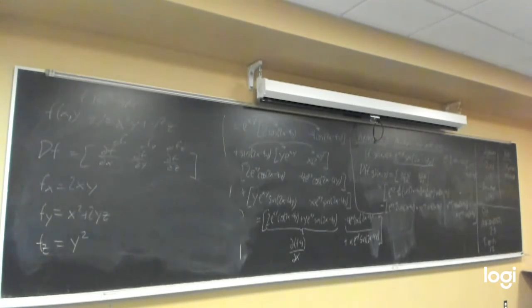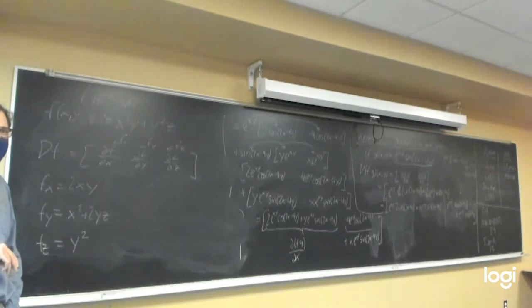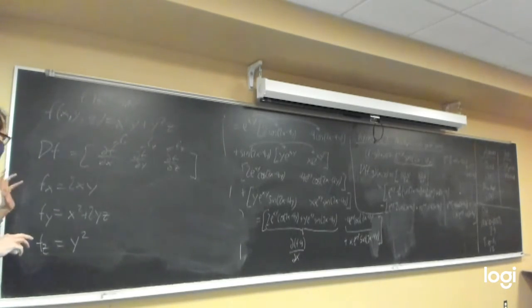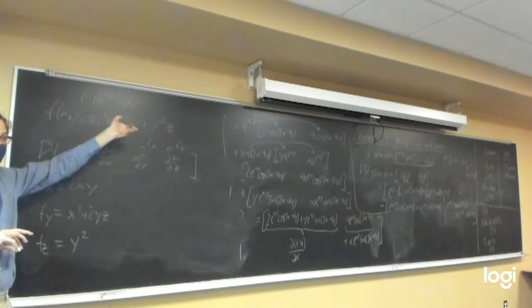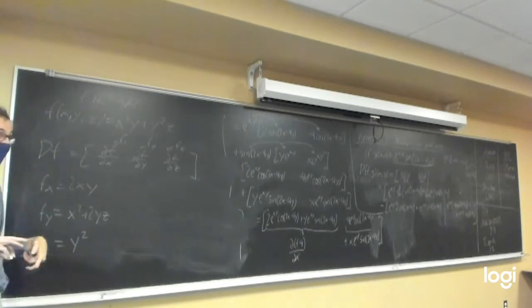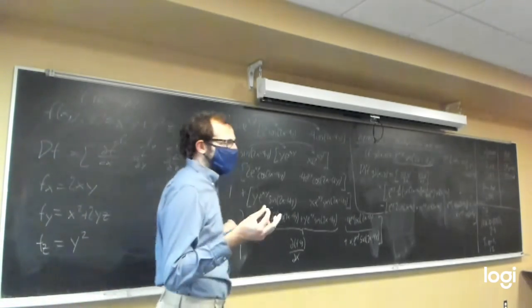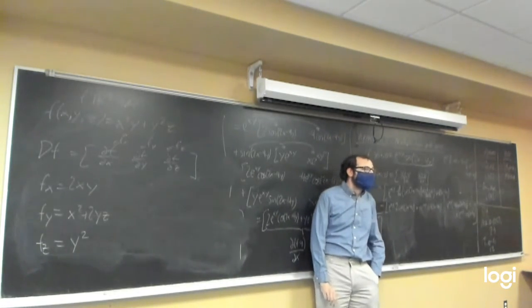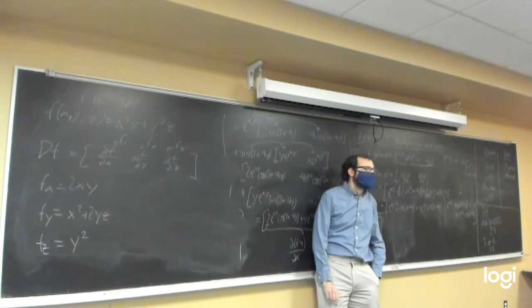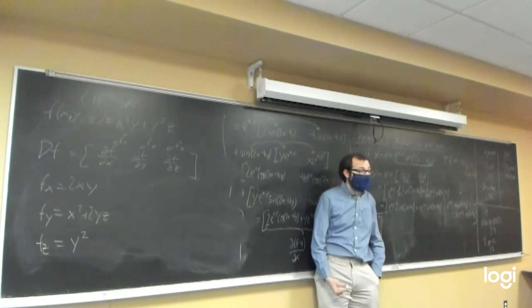What do you think it would mean to try and take the second derivative of this function f? Just intuitively, any ideas for what we could try that would get us from differentiating the original function once with respect to x, y, and z, to expressions where we can say I've differentiated the original function twice? Al? 2y.